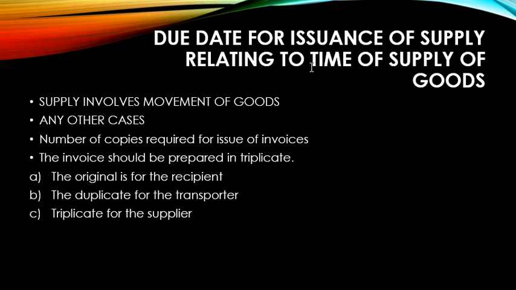In the GST portal, whenever you have made any supply, you can immediately pay the GST, and the GST will be accounted immediately. Usually every tax has a due date. For example, if you make sales for the month of April, the due date can be the 15th of May, or in some taxes it will be the 7th of May.